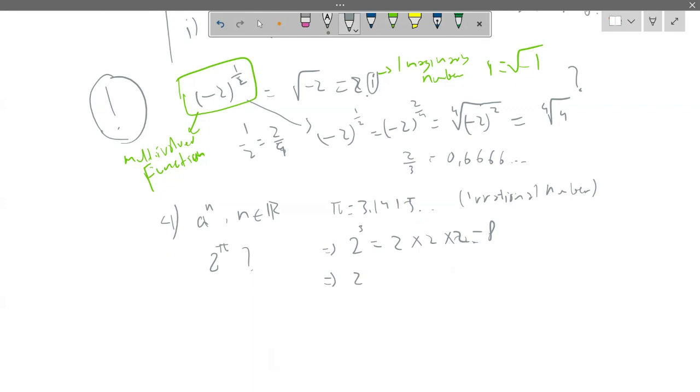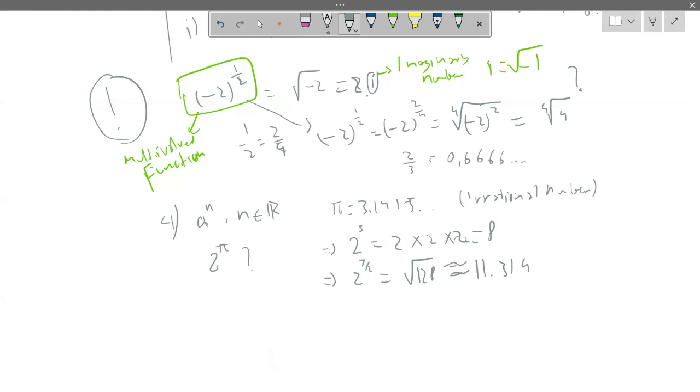So the closest one that I can find to pi here that is easy enough to understand is 2 to the power of 7 over 2, which is the square root of 128. If you plug this into your calculator, you get 11.314.